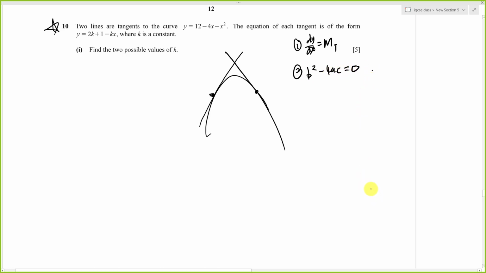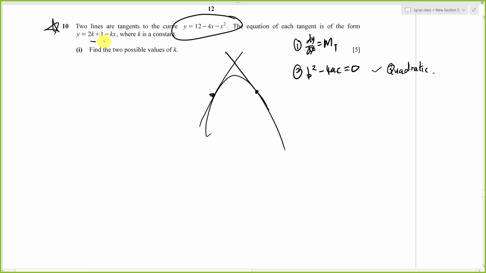Okay, so over here, if I want to use the second method, this only applies to quadratics. Quadratic means my equation must have x squared, the highest power of x must be 2. So this equation is x squared, yes.